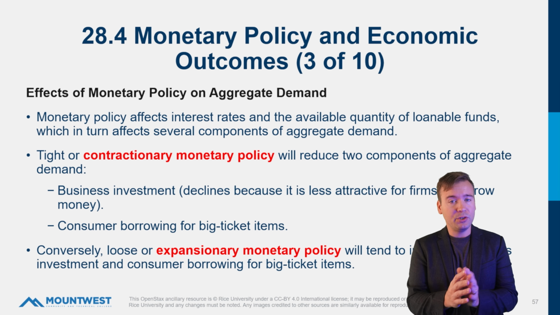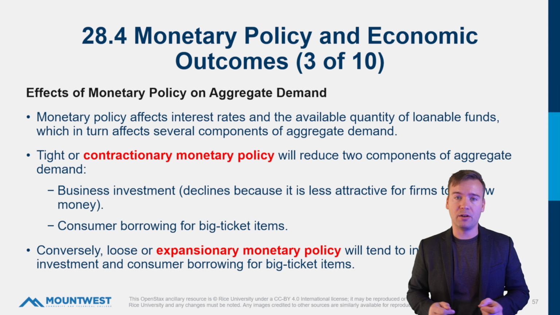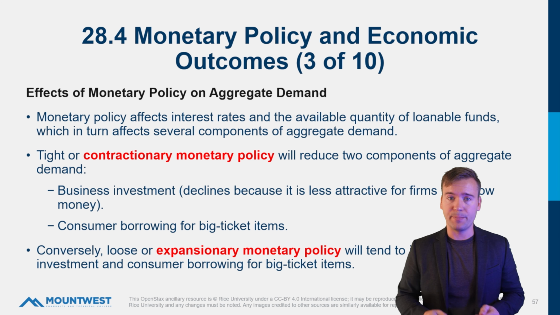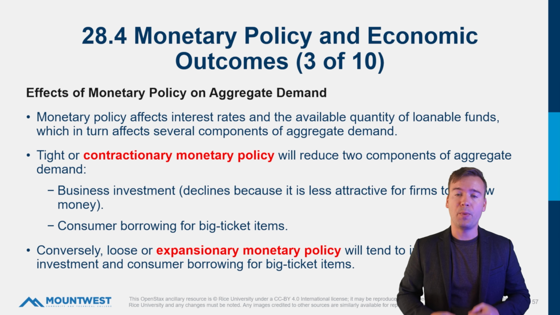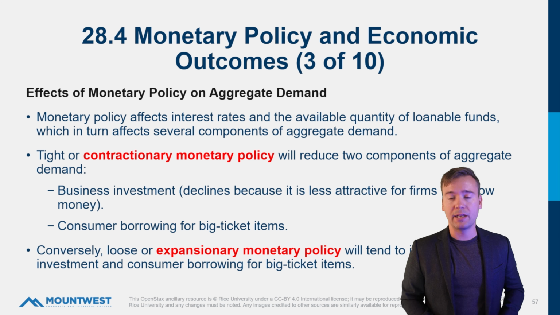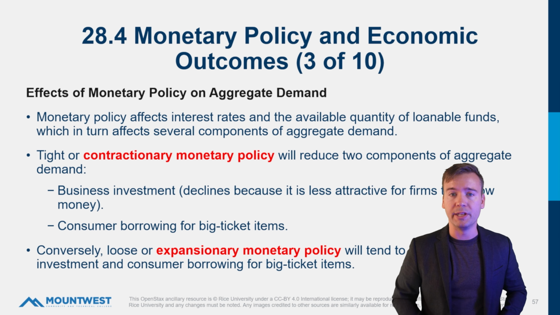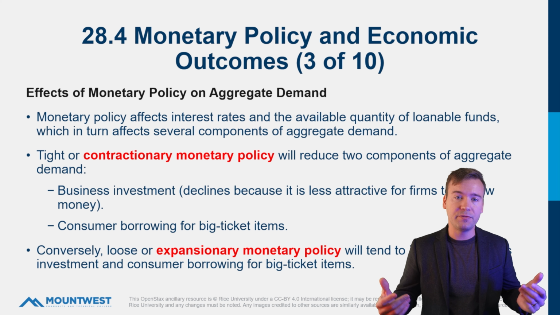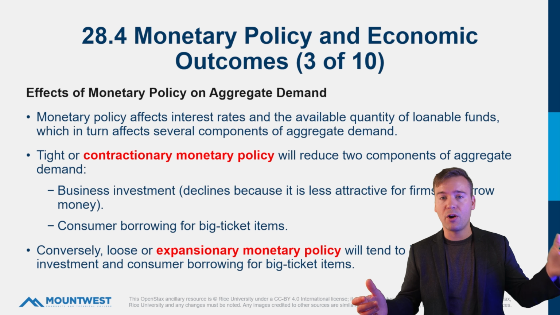Now, on the other hand, loose or expansionary monetary policy lowers interest rates. It makes borrowing cheaper. In response to that, businesses are more inclined to invest in some growth opportunities, and consumers find it easier to finance those major purchases, that house and that car that you've been wanting to buy.